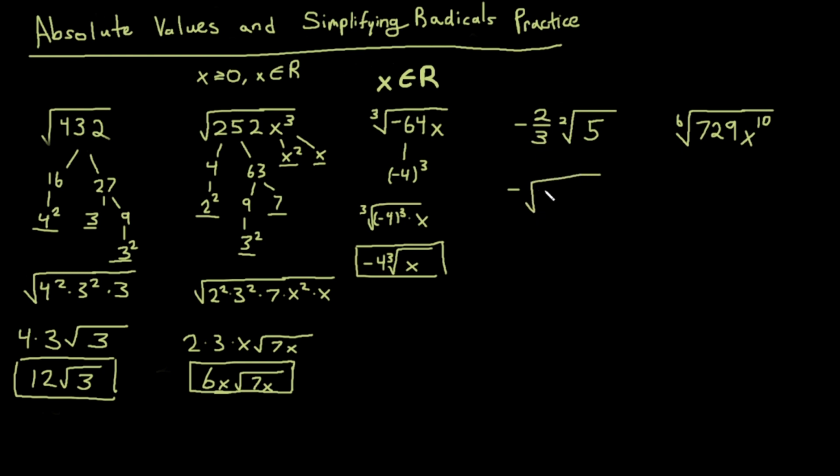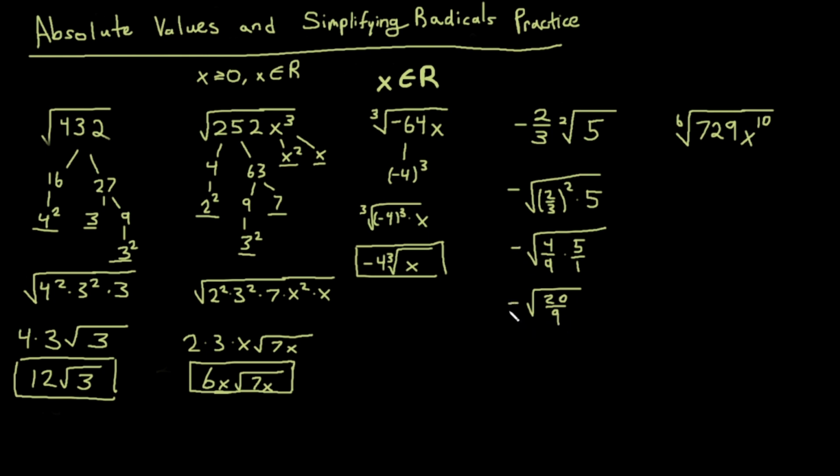So we'd have a radical of 2 over 3 squared times 5, which we can simplify into 4 over 9 times 5 over 1. Now, using your fraction rules, you can just multiply this. So we'd have negative 20 over 9.